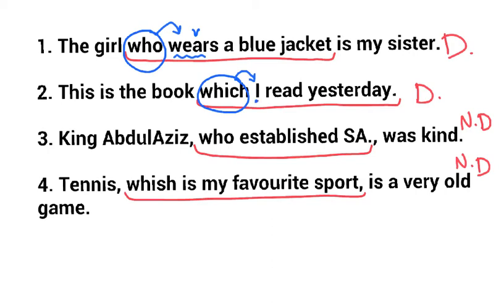We have I, and I is a pronoun. So here, yes, I can omit which, and I can say this is the book I read yesterday. Of course, in number 3 and number 4, we cannot think about omitting who or which because this is non-defining and it is not important, so we don't omit anything here.